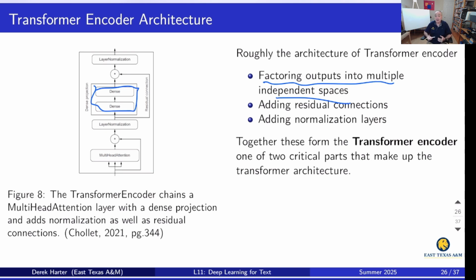So, we might also want to add in residual connections because things are starting to get big here. We want to make certain that we don't suffer from vanishing gradients. So there are several places in the architecture of a basic transformer encoder where we have these skip or residual connections. We have one here where we go around and preserve information from the attention mechanism, and another one around these dense layers that are factoring the outputs.